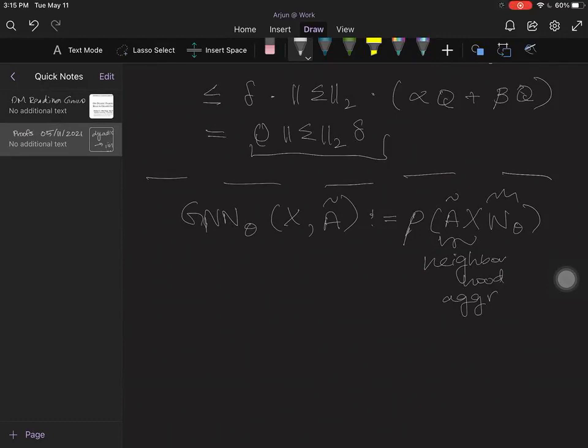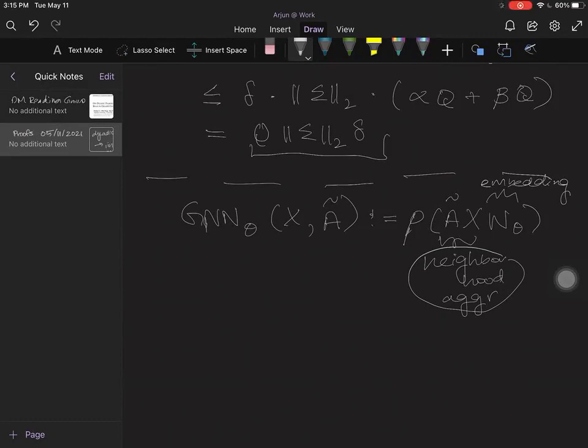So this neighborhood aggregation, or vertex feature smoothing or whatever you'd like to call it, is the first step. And then we can also do our embedding phase afterwards. The great thing about matrix multiplication is that it's associative. So you can do the embedding first and then neighborhood aggregation, or vice versa. It won't make a difference.